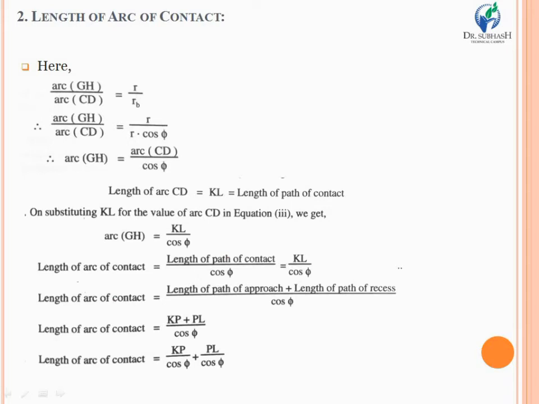Now the length of arc of contact becomes the ratio of KL upon cos phi, where KL stands for the length of path of contact.